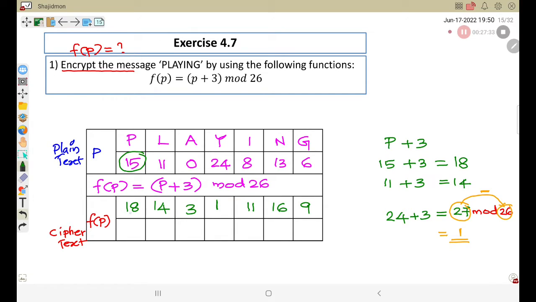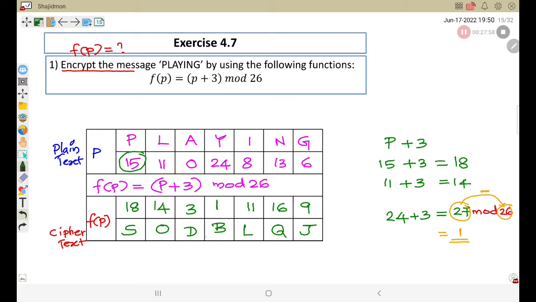Now we need to calculate the letters. 18 is S, 14 is O, 3 is D, 1 is B, 11 is L, 16 is Q, and 9 is J. So what is the cipher text, F of P, or encoded message?